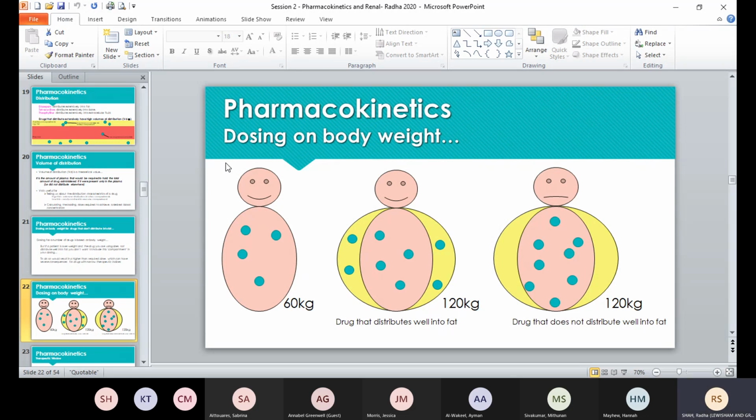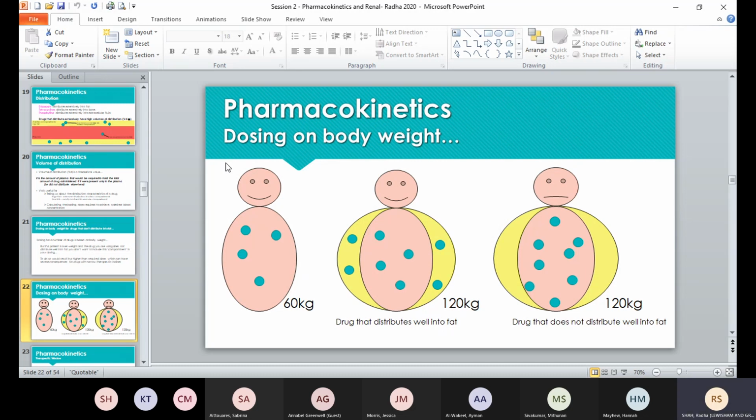But in this situation, drug A doesn't distribute into the fat, so it only goes into the plasma. If we dosed based on the actual body weight, they would be getting an overdose, because we're accounting for the fat that they're carrying, but none of the drug is being distributed into that compartment, and therefore they would be getting a massive overdose.